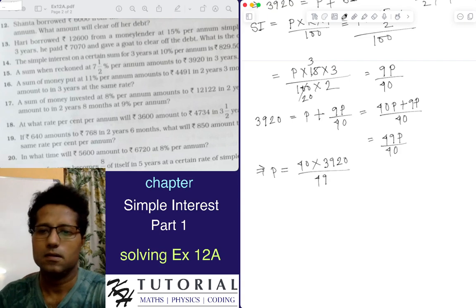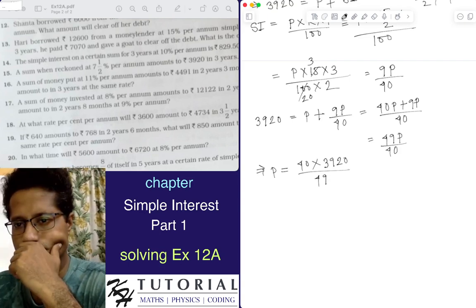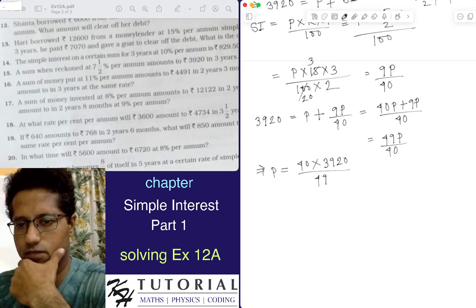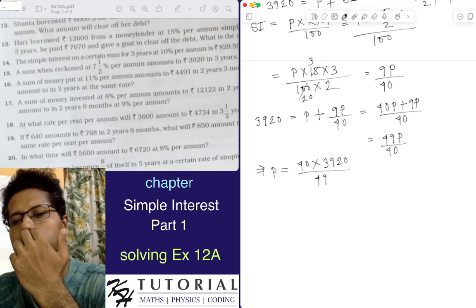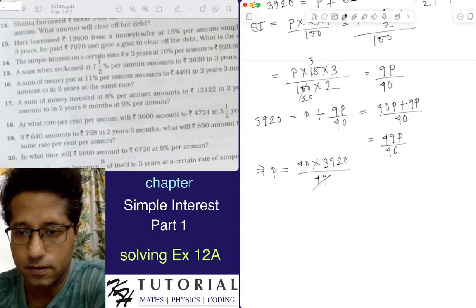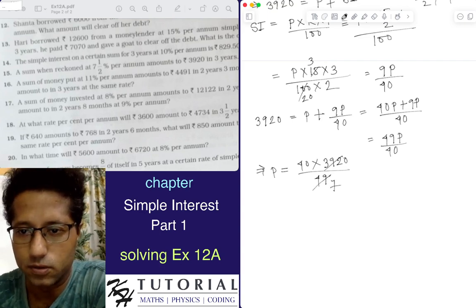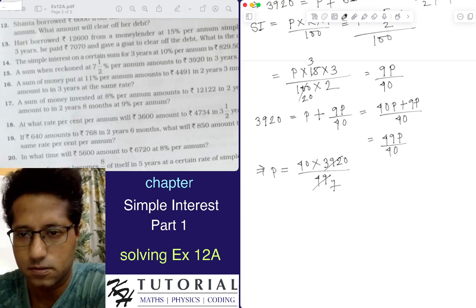Now, 7 divides 49 by 7, will 7 divide 392? Yes. So 7 and 392 when divided by 7 becomes 560.